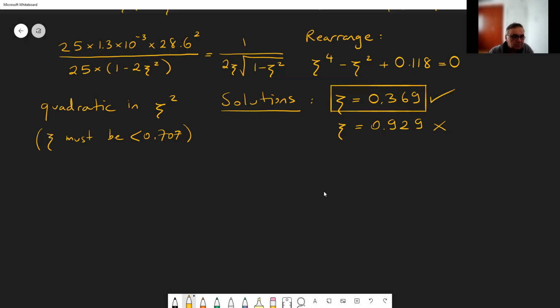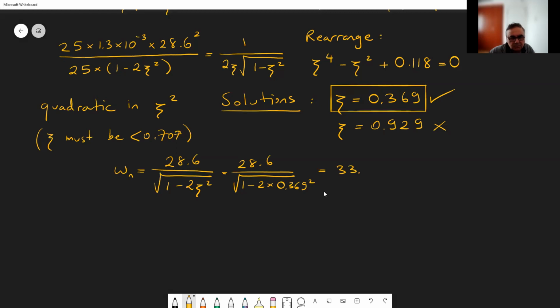Therefore, natural frequency we can find is 28.6 divided by root of 1 minus 2 times 6.9 squared.